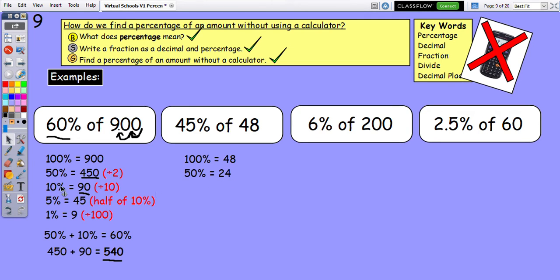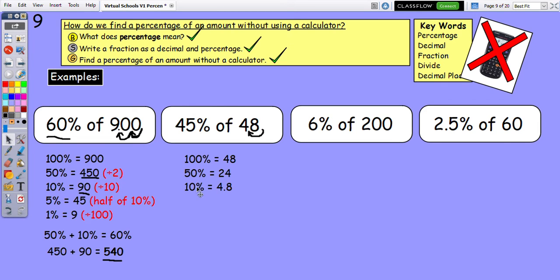I'm now going to find 10%, 5%, 1%. Okay, remember that 10% we divide by 10. So this is where the decimal is now. If I divide by 10, I'm going to move the decimal place one place to the left. Okay, so I hope you can see that 10% of 48 is 4.8. I've moved the decimal point from here to here.